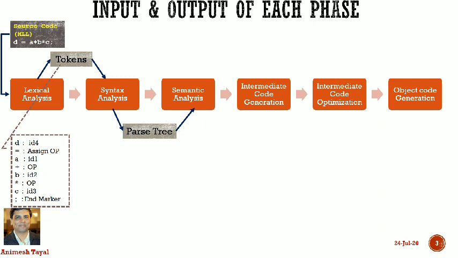So after applying the context free grammar, it will generate some parse tree using either top down approach or bottom up approach, and that will be the input of the semantic analysis phase.